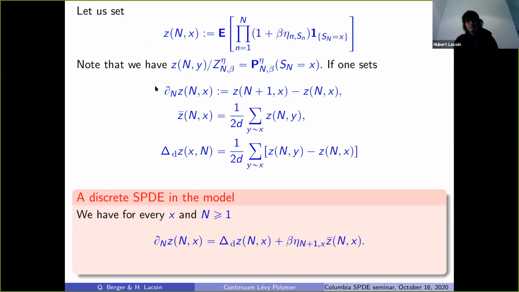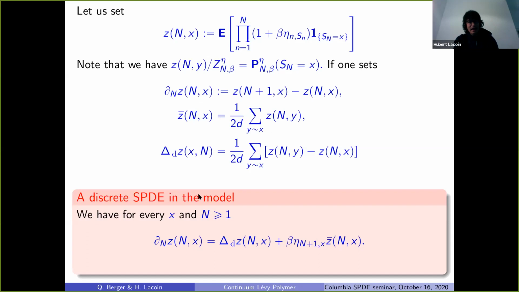Okay, and I will call that Z_n(x). And I will introduce the discrete time derivative of Z_n(x). Z bar will just be the space average of Z among its neighbors. And the discrete Laplacian of Z will just be the average among the neighbors minus itself.